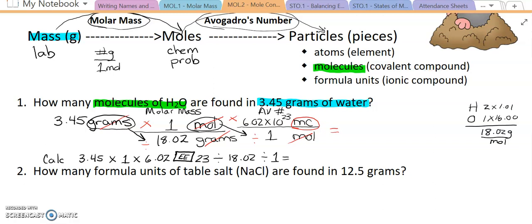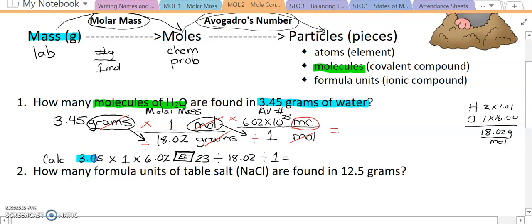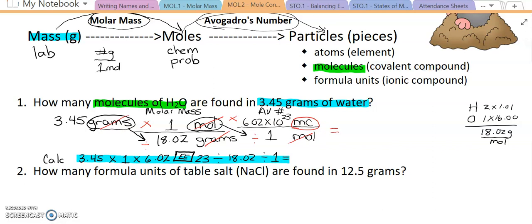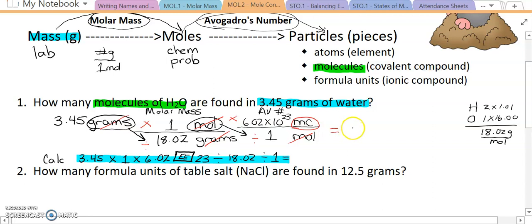So all in one single step, before I hit equals, I'm going to push all those numbers in my calculator to come out with my answer. So it's 3.45 times 1 times 6.02, exponential button, EE or EXP, and just put in the power, divided by 18.02, divided by 1. And my calculator spits out, oh, long decimal number.